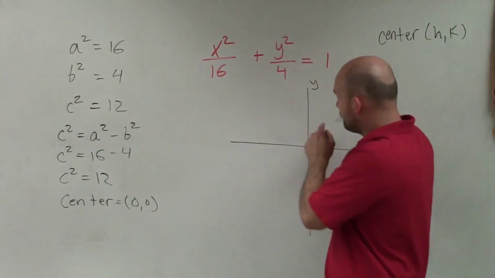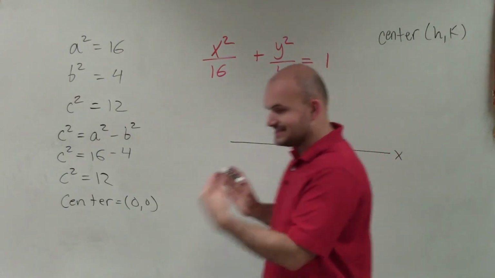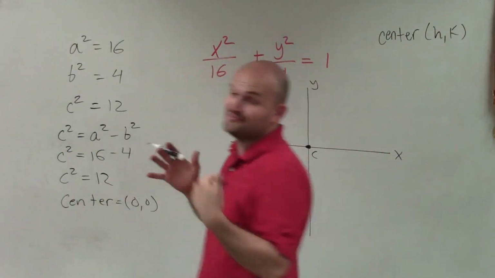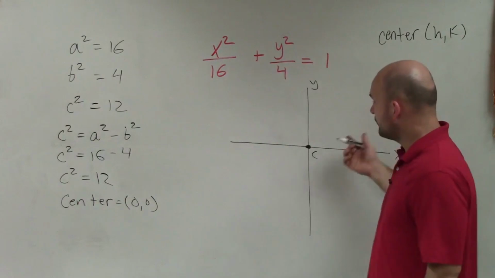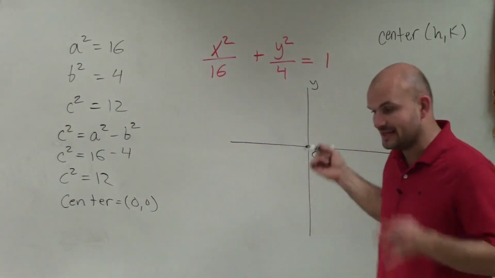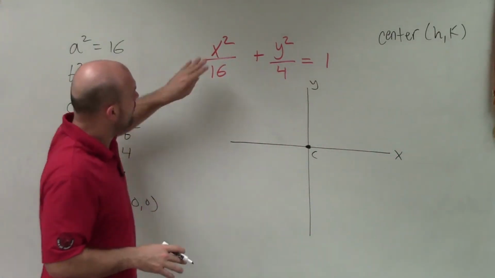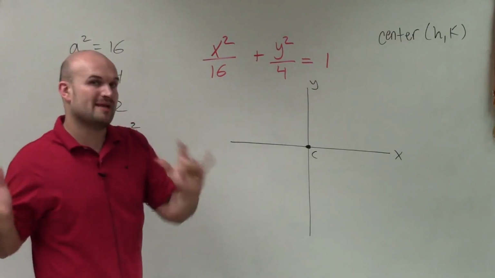Now, from the center, the vertices are going to be a distance of a away. So we actually need to find the value of a. More importantly, from the center, are my vertices going to be going left or right, or up or down? That's very, very important for us to understand, because what we need to be able to do is determine where our major axis is.